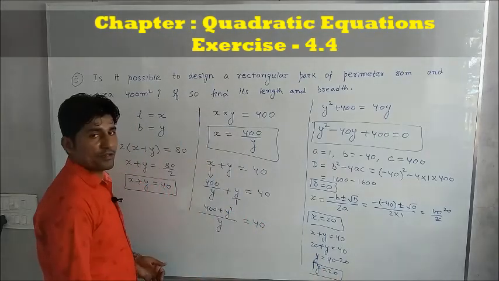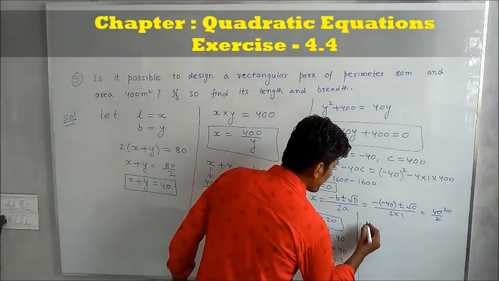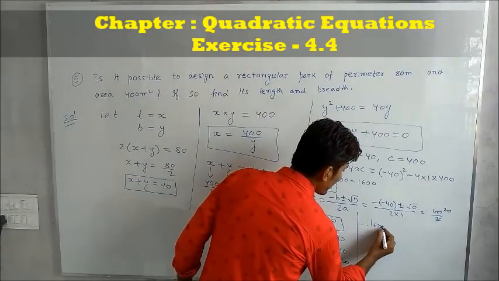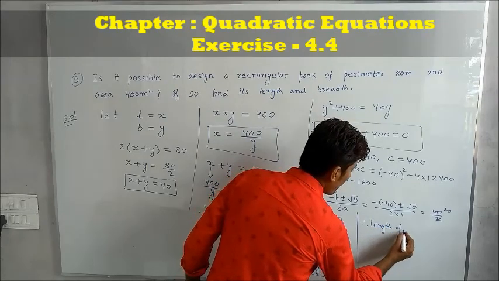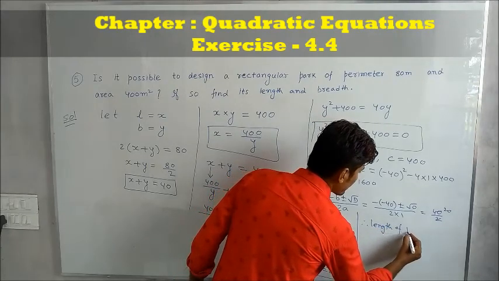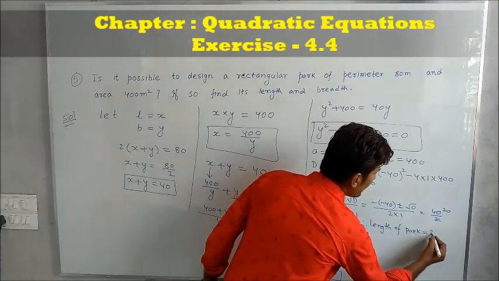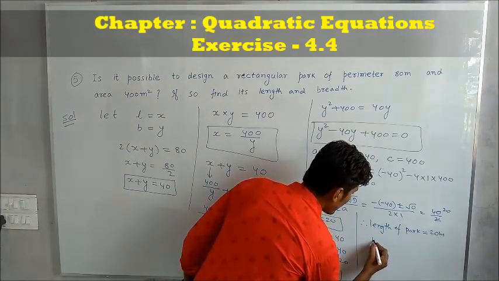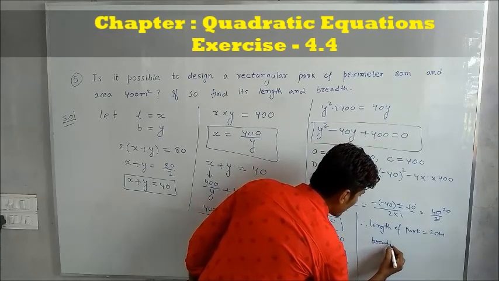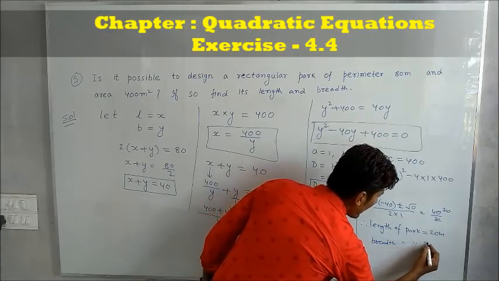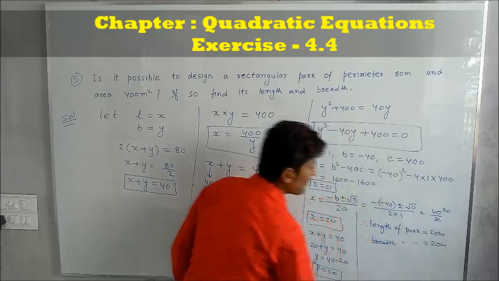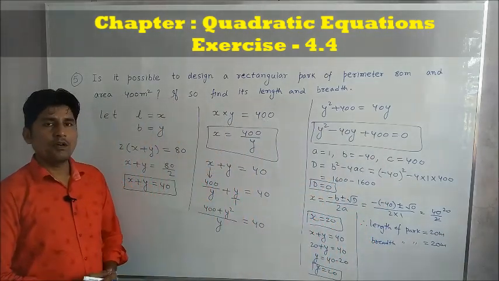After getting the values of x and y, we can write the length and breadth of the park. Hence, the length of the rectangular park equals 20 meters, while the breadth of the park equals 20 meters. So this is the final solution of this question.